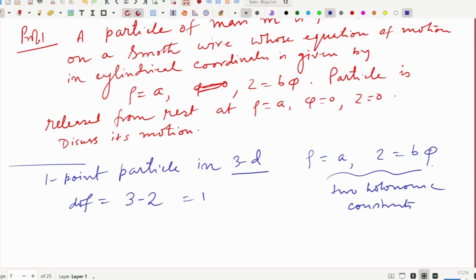Since the constraints are given in cylindrical coordinates, we write the Lagrangian for this particle in 3 dimensions using cylindrical coordinates.